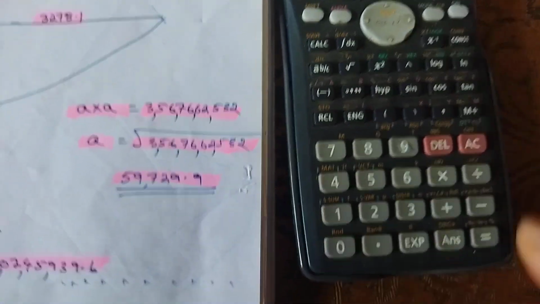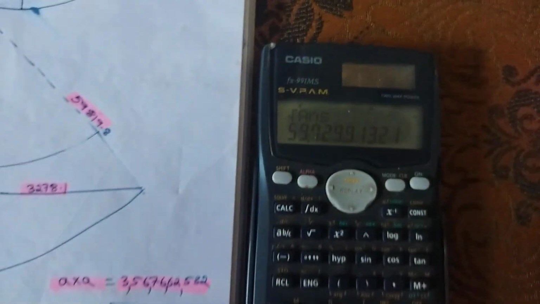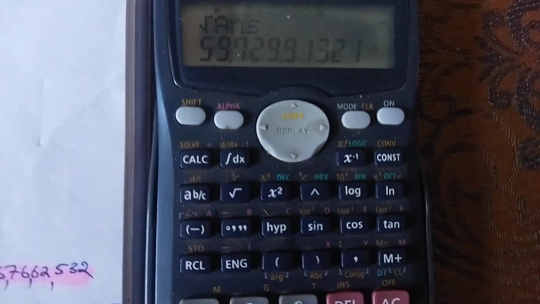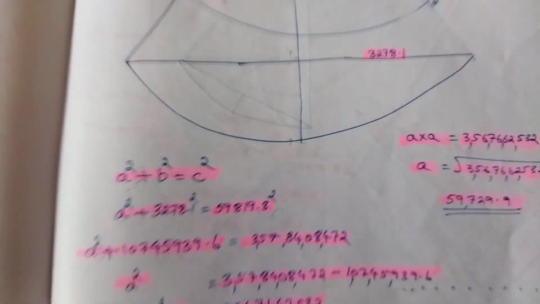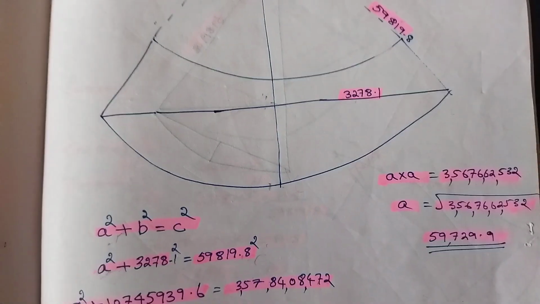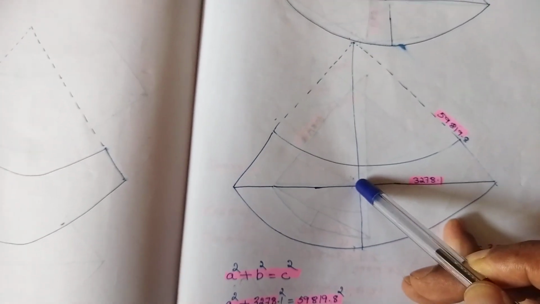The square root of this measurement is, we get 59,729.9. We have got A is 59,729.9. What is A? From here to here is A.